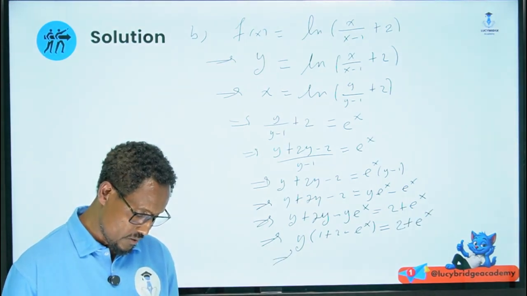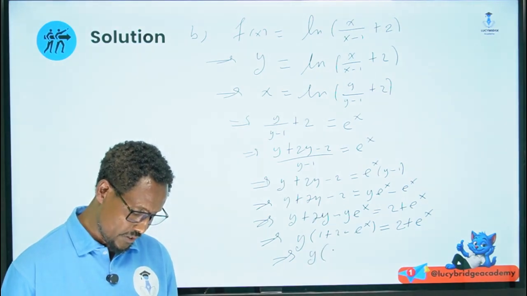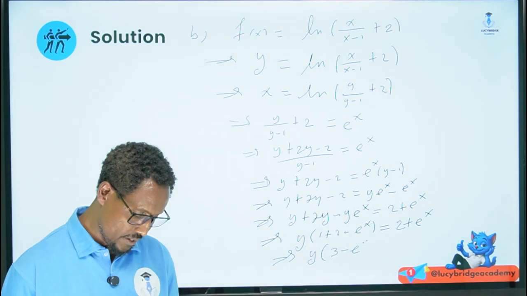This means y times 3 minus e the power of x is equal to 2 plus e the power of x.